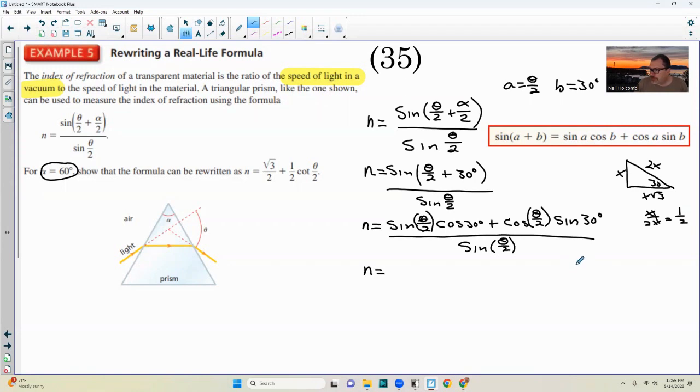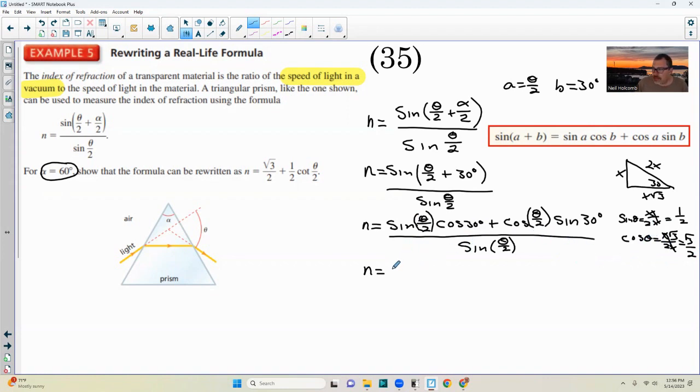Cosine is x root 3 over 2x, and that gives us root 3 over 2, so the cosine of 30 degrees.